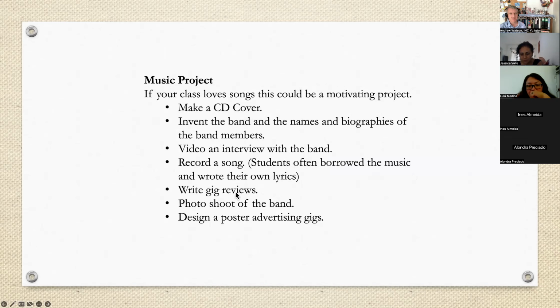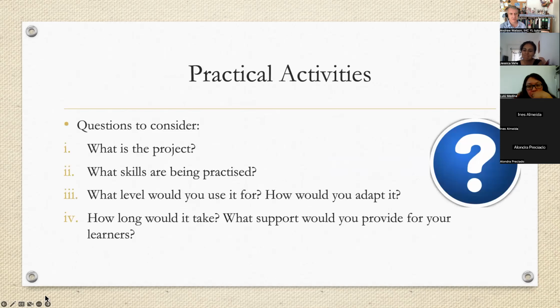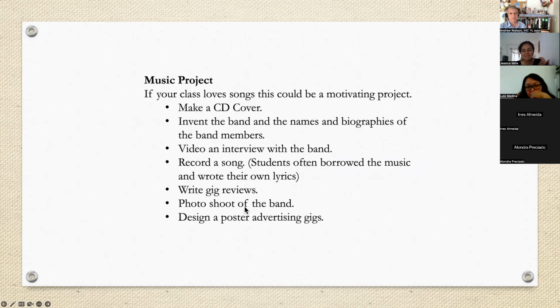Students often borrowed the music and wrote their own lyrics. They could write gig reviews, like concert reviews. They could make a photo shoot of the band. They could design a poster advertising concerts, gigs. So there's some ideas.